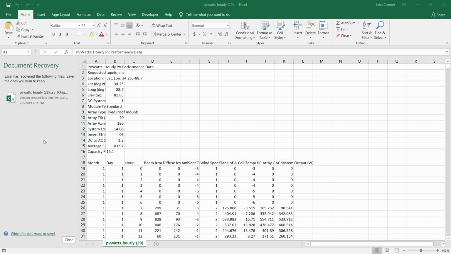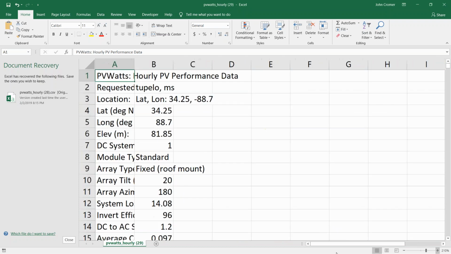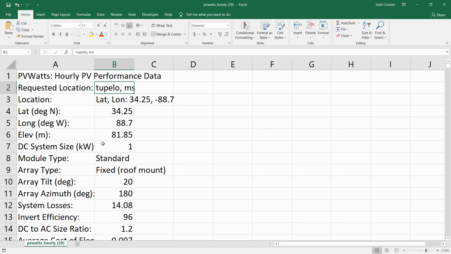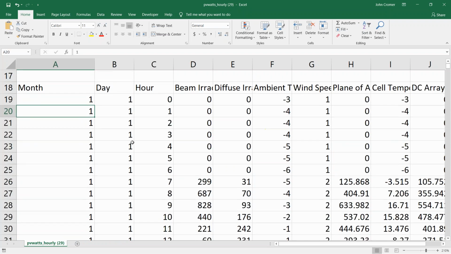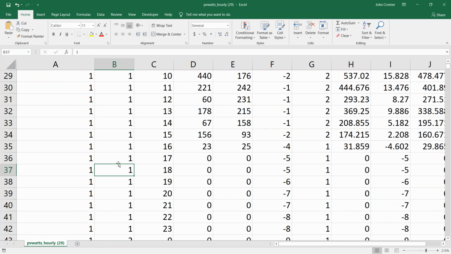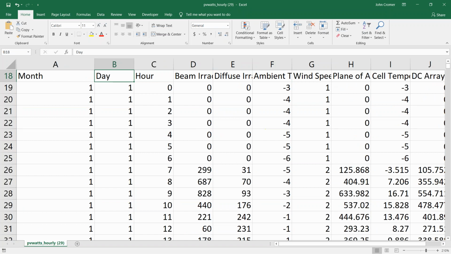And so here we have our PV Watts. Let me try and make it a little bit more friendly to see. So here we are in Tupelo, Mississippi, and here's our PV Watts data. For every hour of the day, every day of the year, from January 1st all the way down to December 31st, we have all this data.